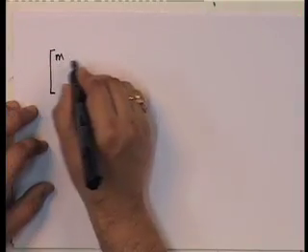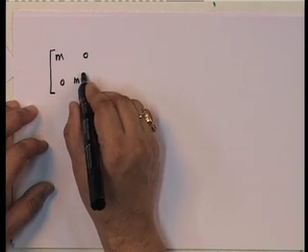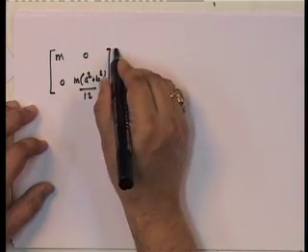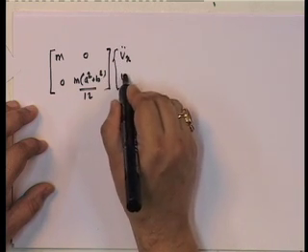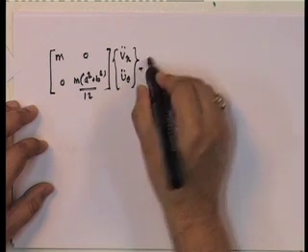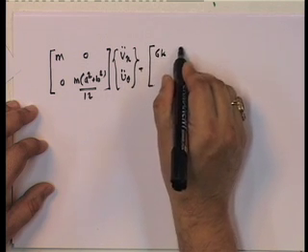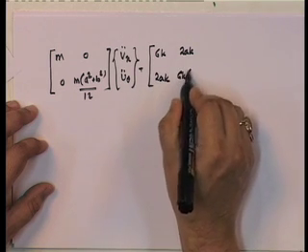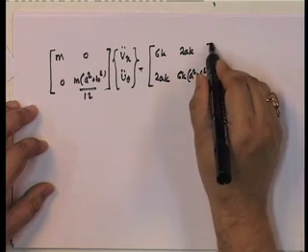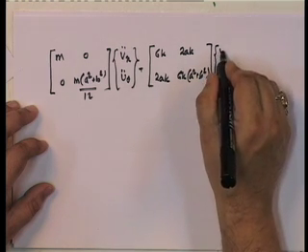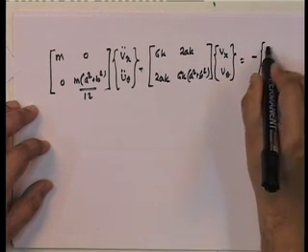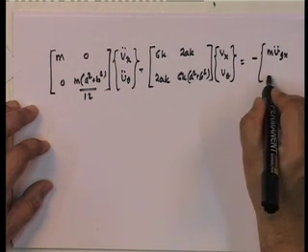It becomes a 2 degree of freedom problem: m 0 0 m(a squared plus b squared)/12, times vx double dot, v theta double dot, plus 6k 2ak, 2ak 6k(a squared plus b squared), times vx, v theta, is equal to minus m Vgx, 0.